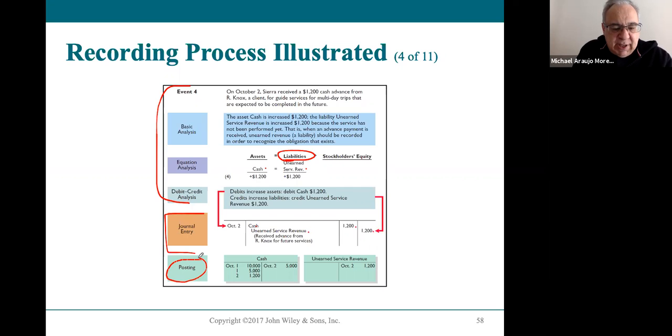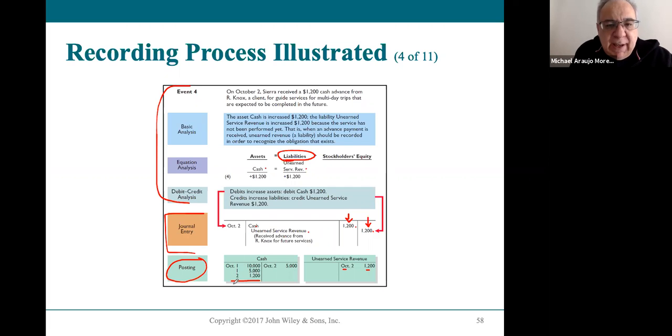Then we have to post it in their respective accounts in the ledger. Again, it's a very large book where many different accounts are listed. So this $1,200 debit to cash is going to be listed in its own entry, October the 2nd, $1,200 debit. Again, we have a $1,200 credit to unearned service revenue also on October 2nd, but that is on the credit side of that account.